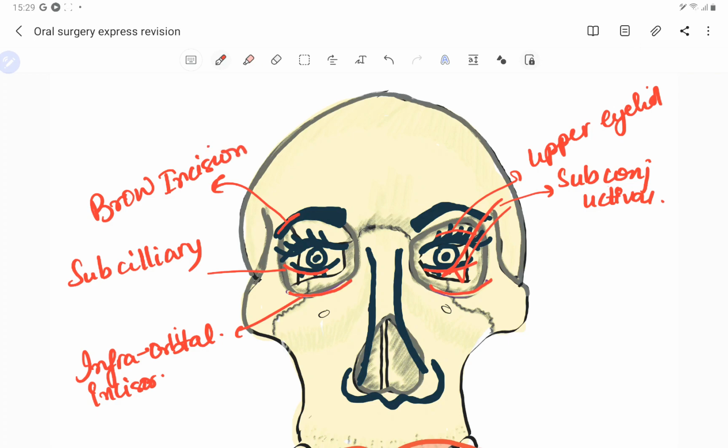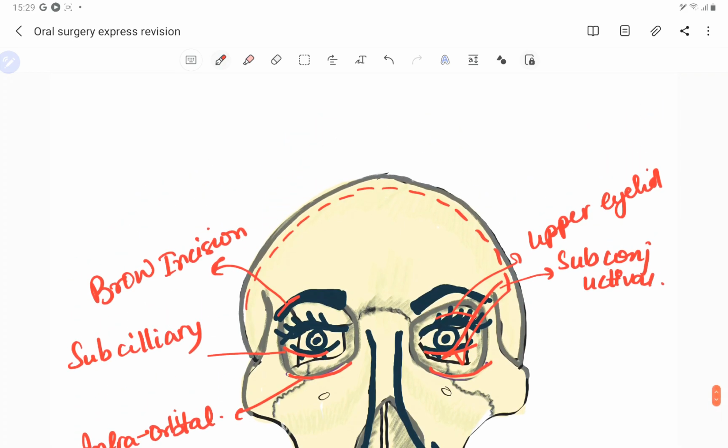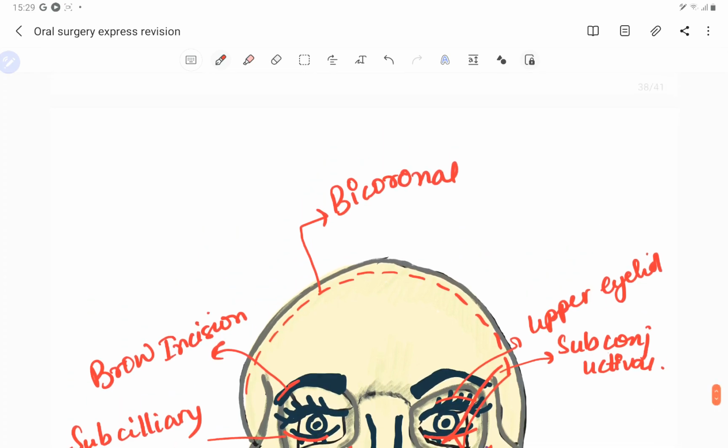Or say if you are going from the frontal bone and detaching all of the skin, this is your bicoronal degloving, also known as the coronal approach.